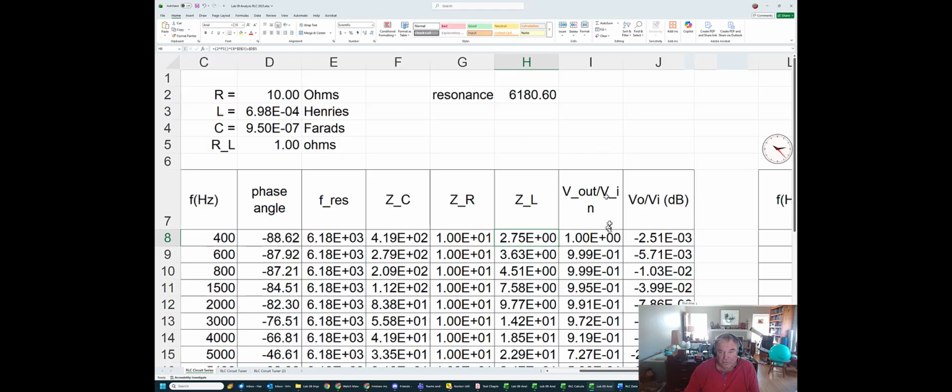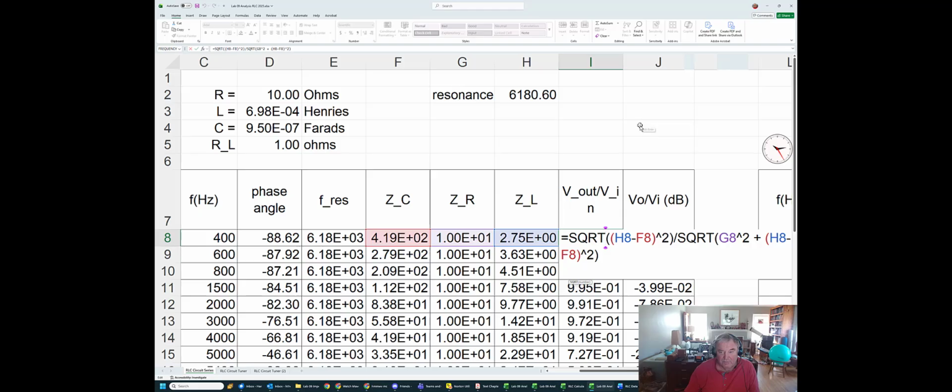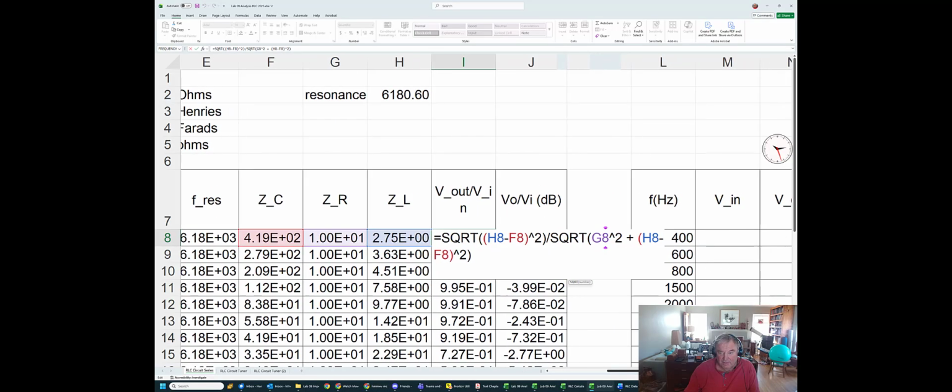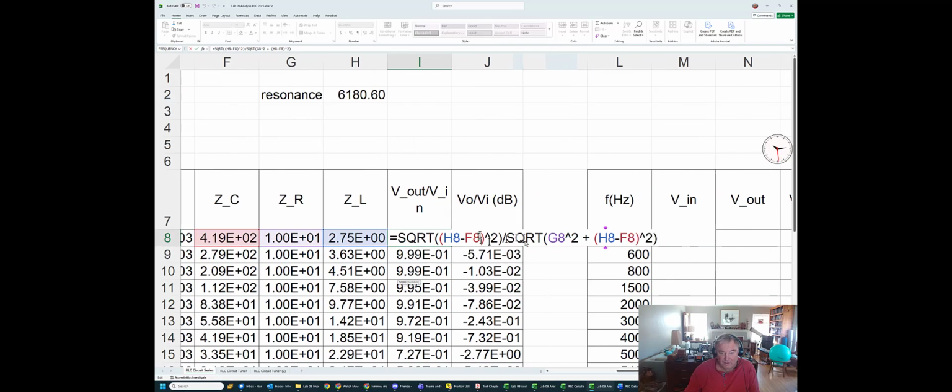Okay, so V out over V in is just that crazy looking thing from before. And so the Z of the inductor minus Z of the capacitor, square it and square root it.